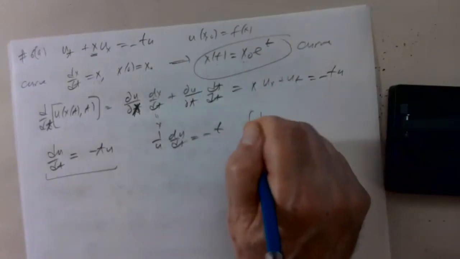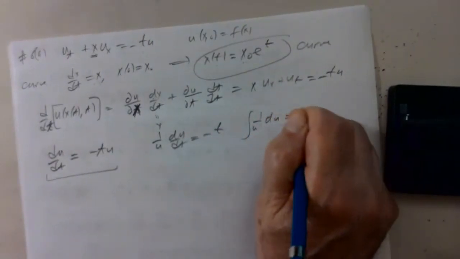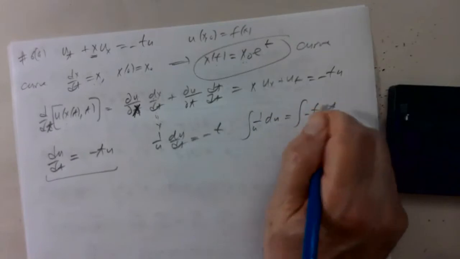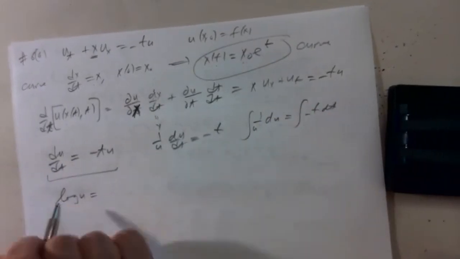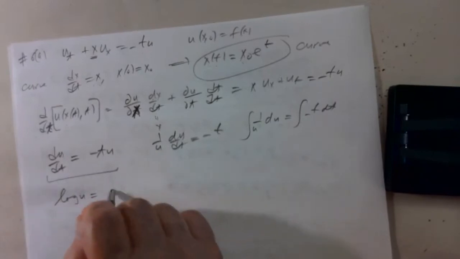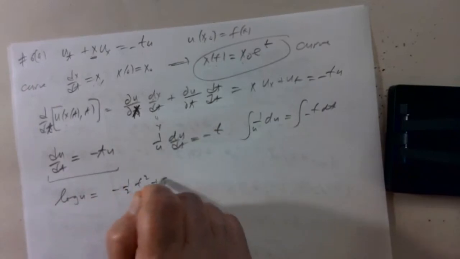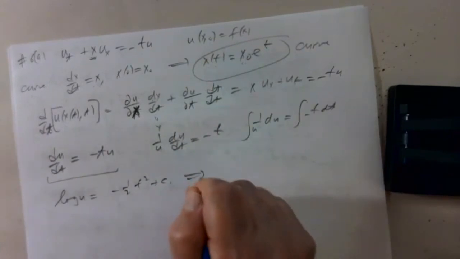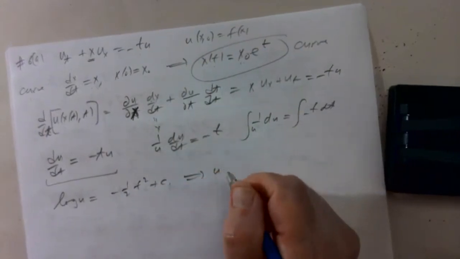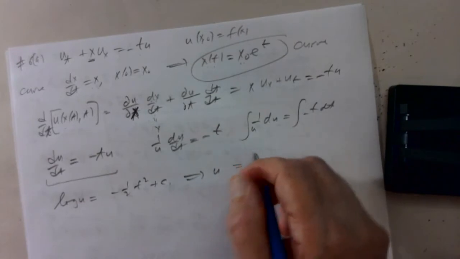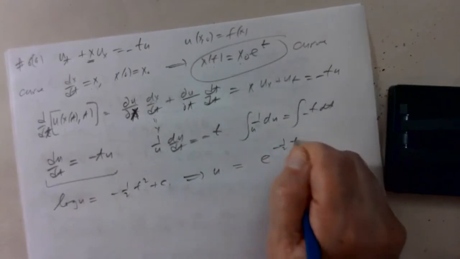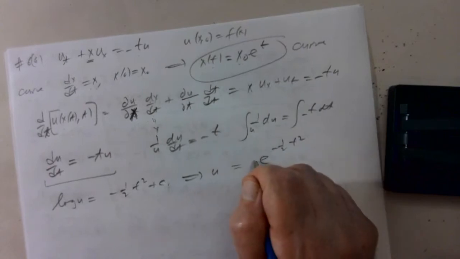So the integral of 1 over u du is the integral of minus t dt. This is log of u equals minus a half t squared plus some constant. So u is equal to e to the minus a half t squared times some constant.